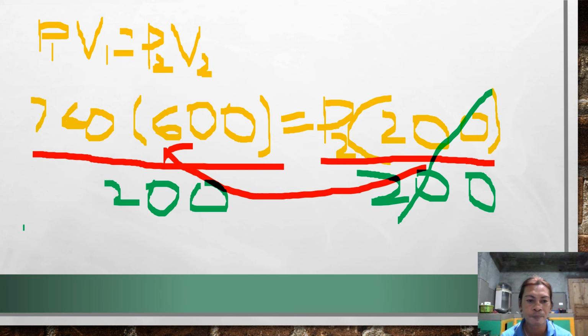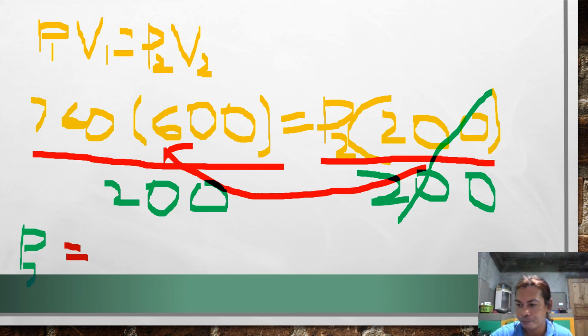So we have P2 is equal to 760 times 600 divided by 200.